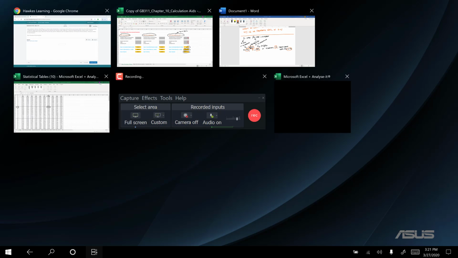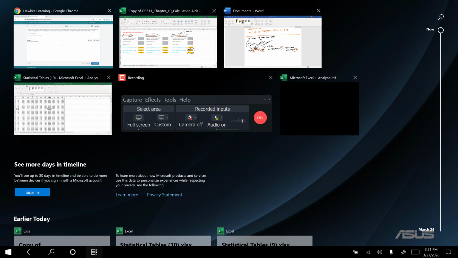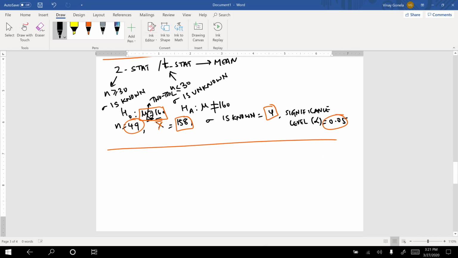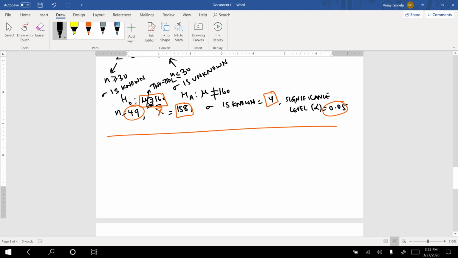So I will go and note down these values in our Word document.